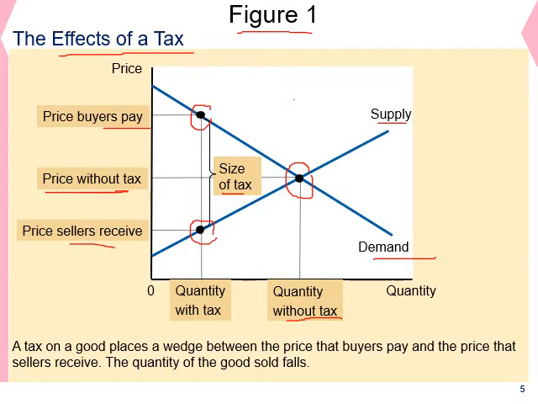So you can see that the tax will increase the price paid by the buyer and lower the price received by the seller, and the quantity sold in the economy will also be lower. In that case, you can see from Q without tax to Q with tax.